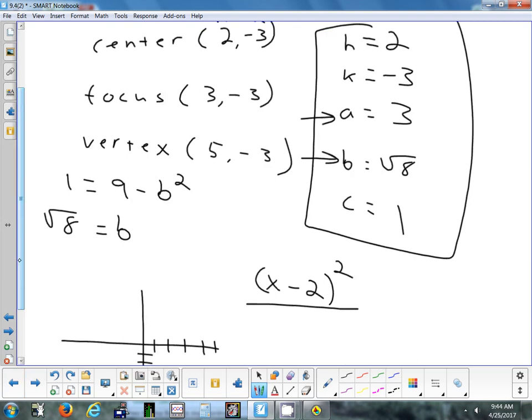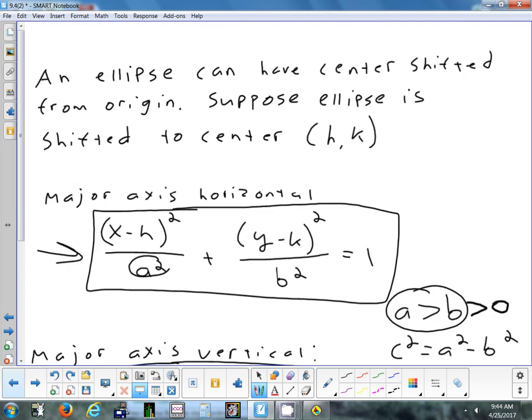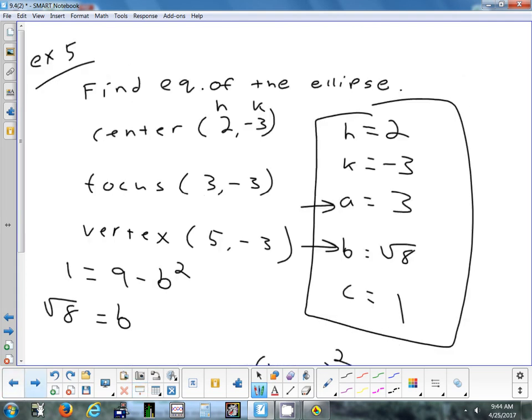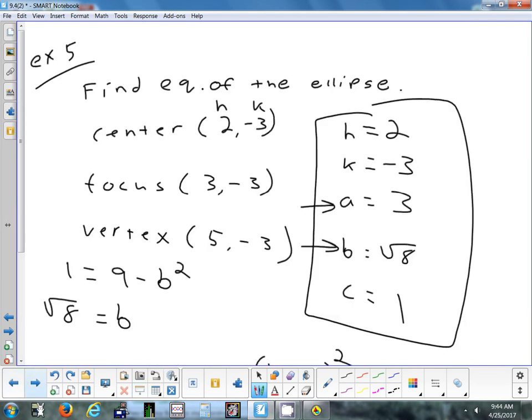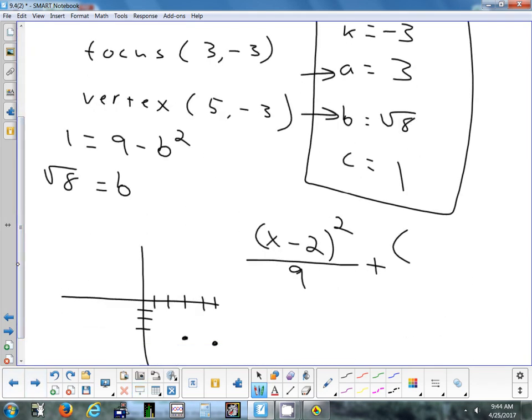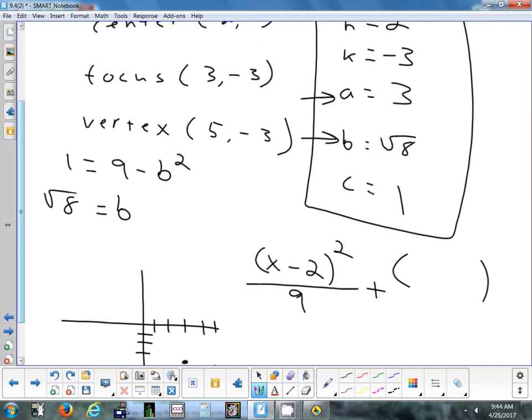So what goes in my denominator? Careful, not a in the denominator. A squared, which is 9. Plus, now the other fraction is y minus k squared. What's going to happen when I write y minus k? It's going to be y minus minus 3.